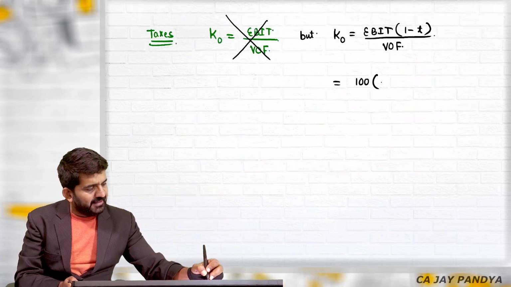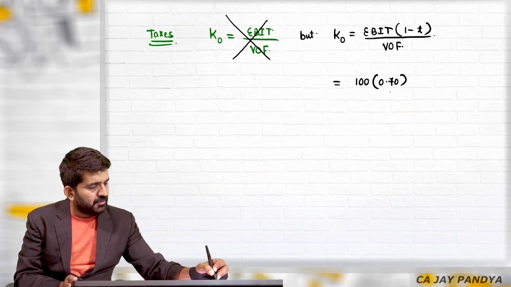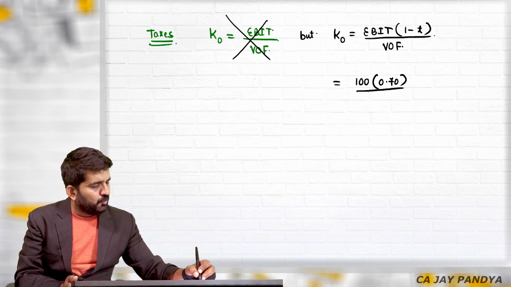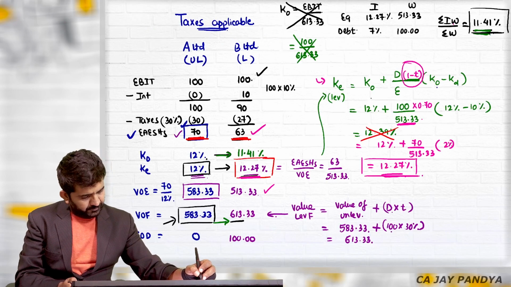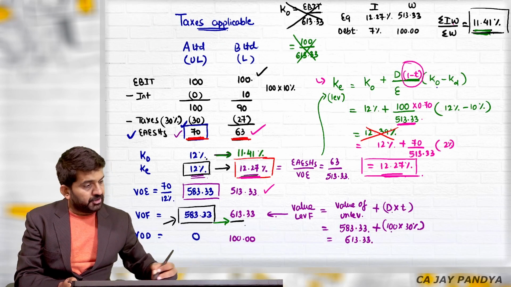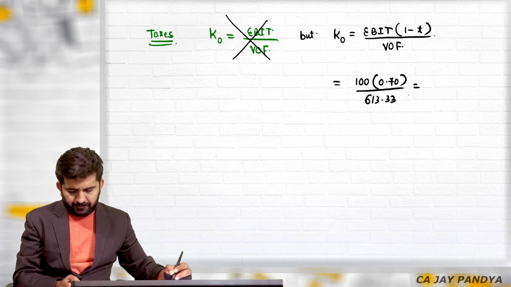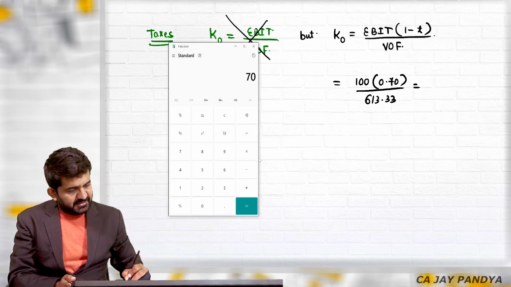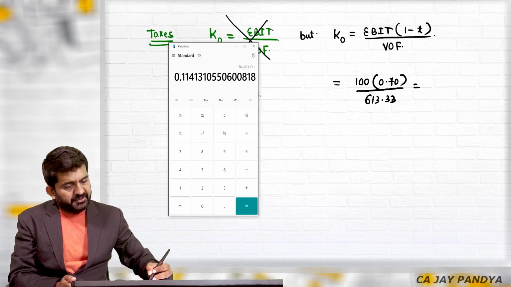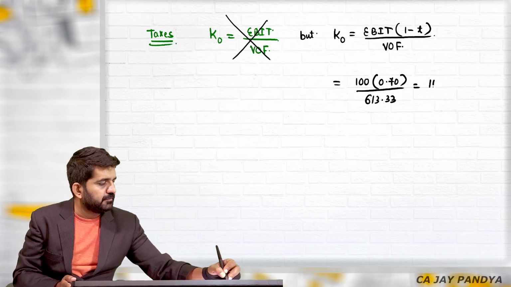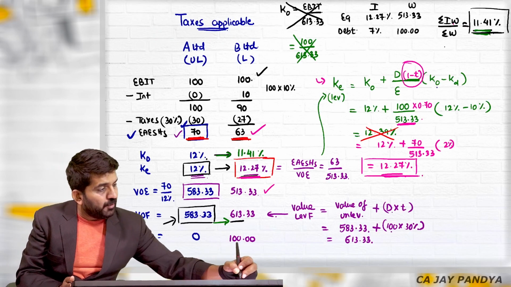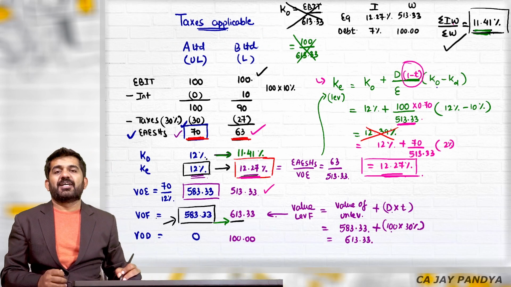What is 1 minus t? 0.70. Divided by value of a firm, which is 613.33. This is 70 divided by 613.33, which is 11.41, the same KO as we found over here.